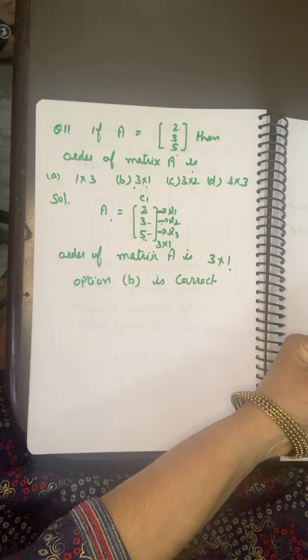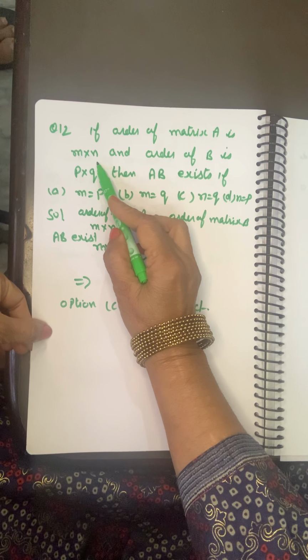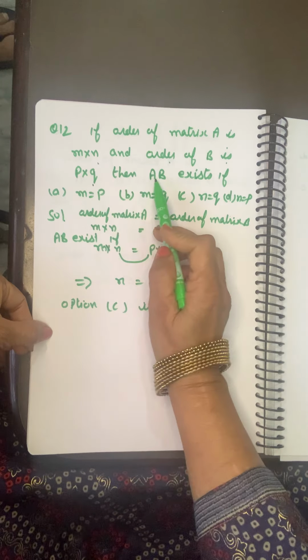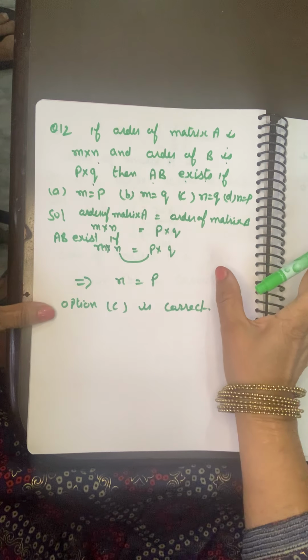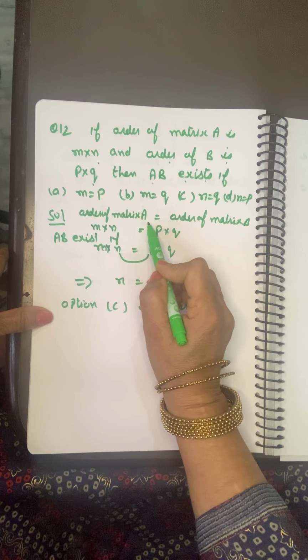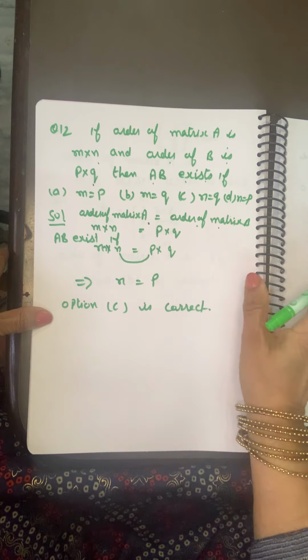Option B is correct. If the order of matrix A is m into n and the order of matrix B is p into q, then AB exists if, again, 4 options are given. Solution of this question: the order of matrix A is m into n, and the order of matrix B is p into q.